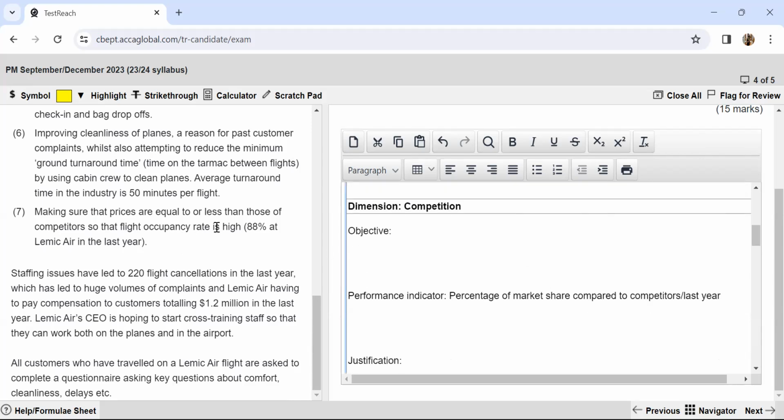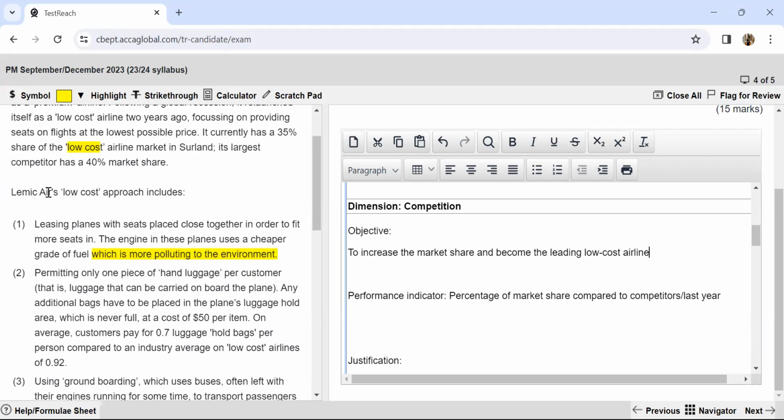So for competition, we have already set the performance indicator as the percentage of market share compared to the competitors or compared to our own share last year. So the objective can pretty much be to increase the market share and become the leading low-cost airline in the country where they are living, which is Sirland.